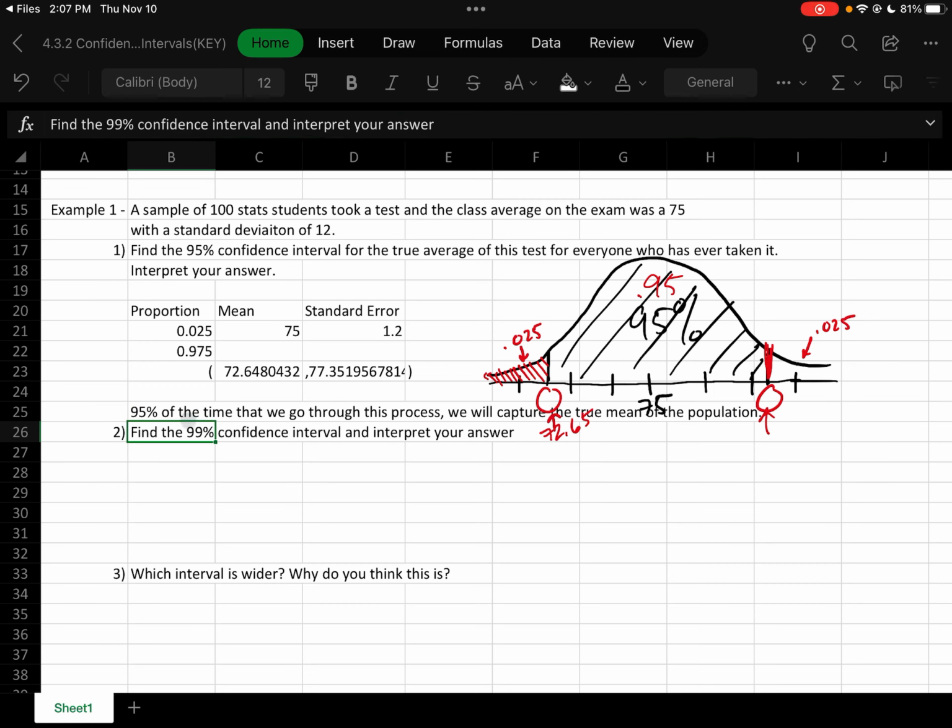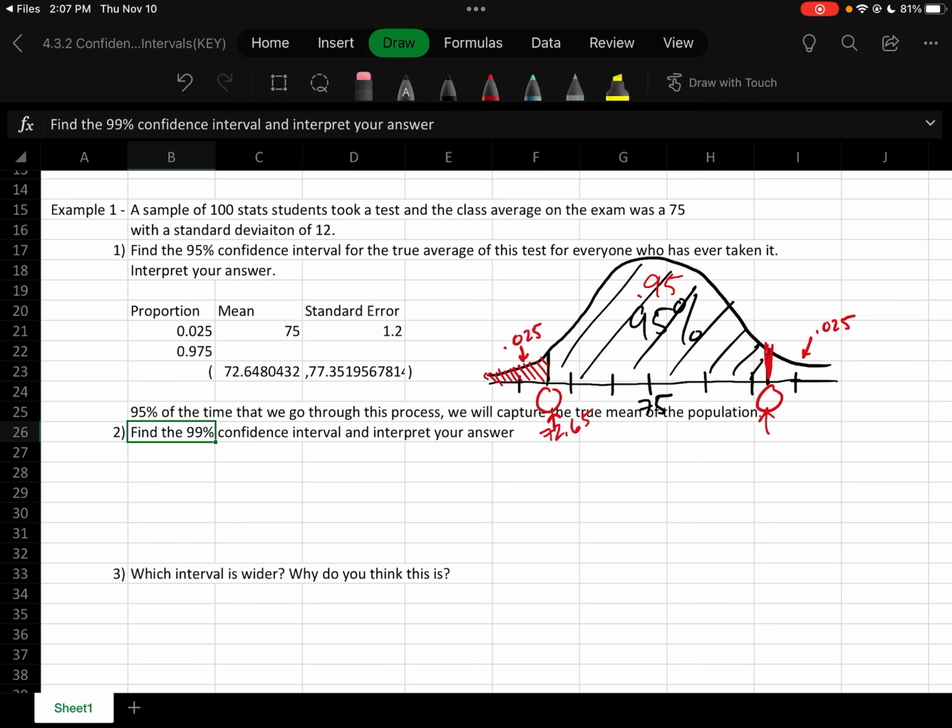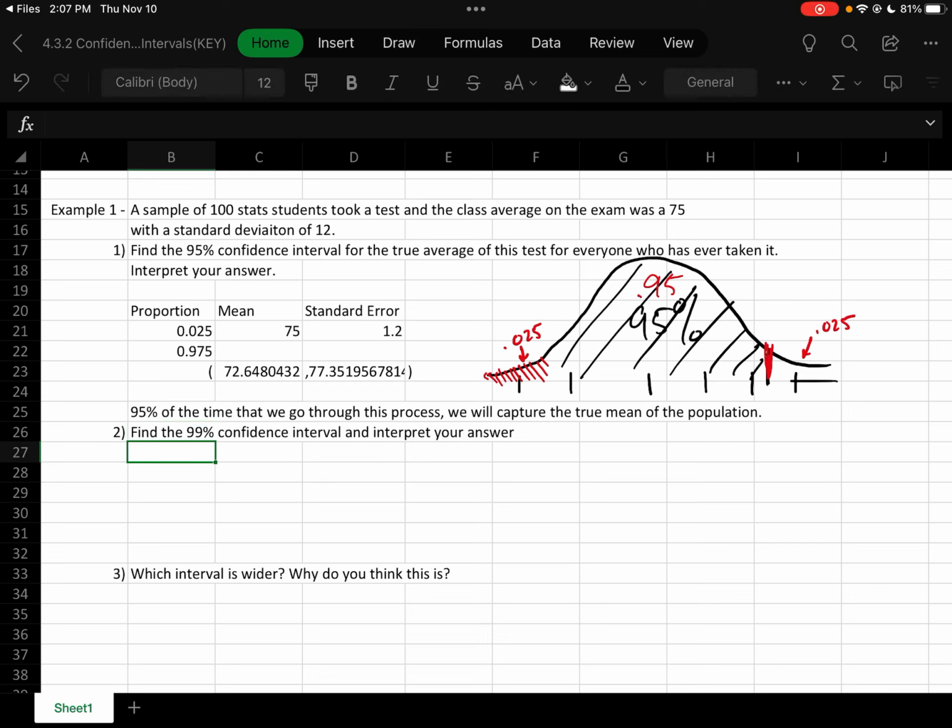So again, if we were to repeat this process many, many times, we would capture the actual mean of our distribution 95% of the time. That means 5% of the time we create a confidence interval and the actual population mean just isn't in it.